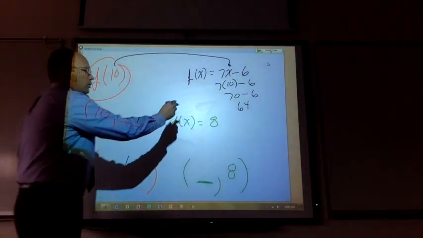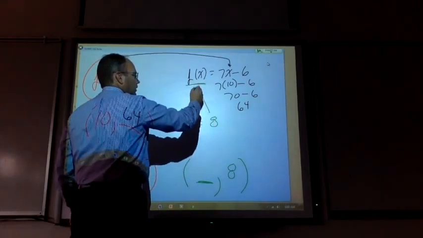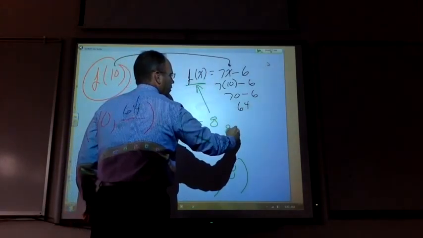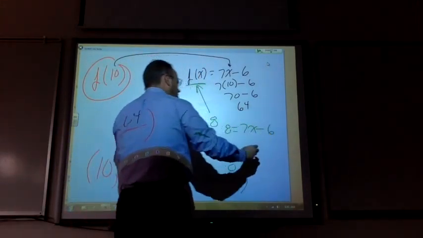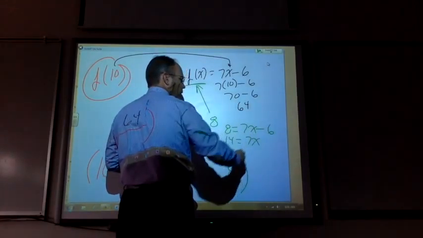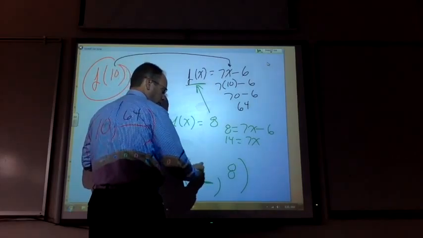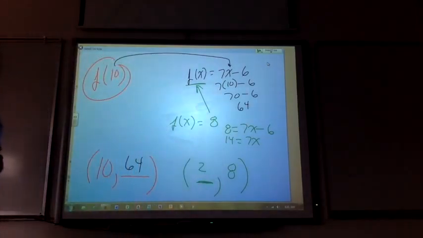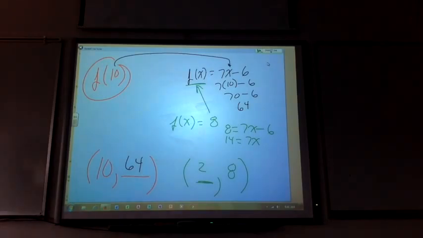So I'm going to substitute 8 in for this. So I'm going to get 8 equals 7x minus 6. Add 6. What's x equal to? 2. Two different ways to write this. Be very cautious when you're going through them, okay?